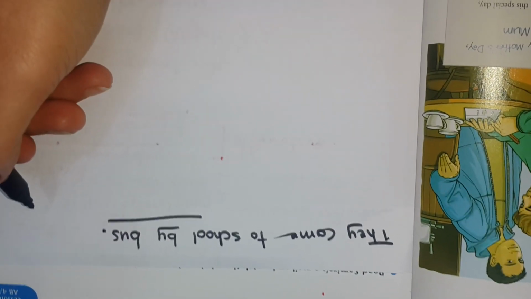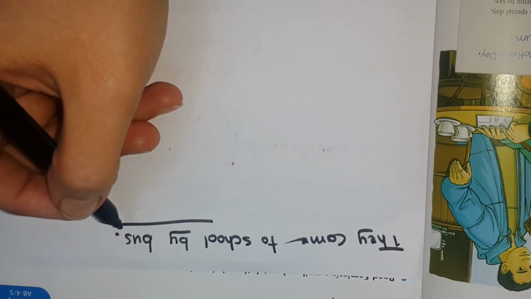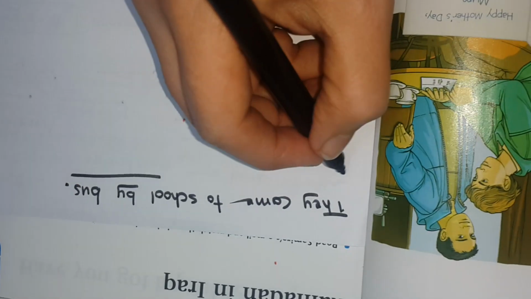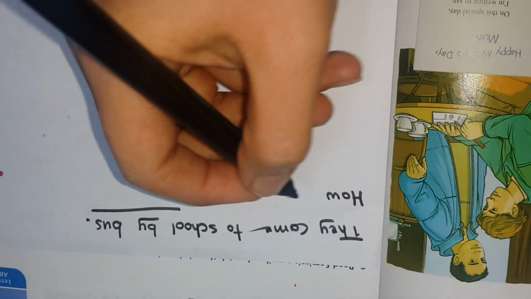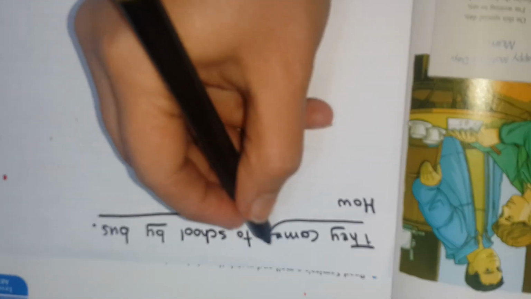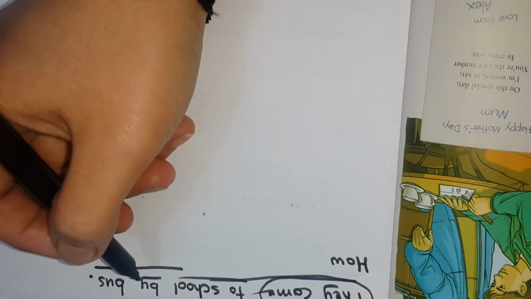Ask about the underlined words. By bus is how they come. So I use the question word how, and then go back to make a yes-no question from the rest of the sentence.